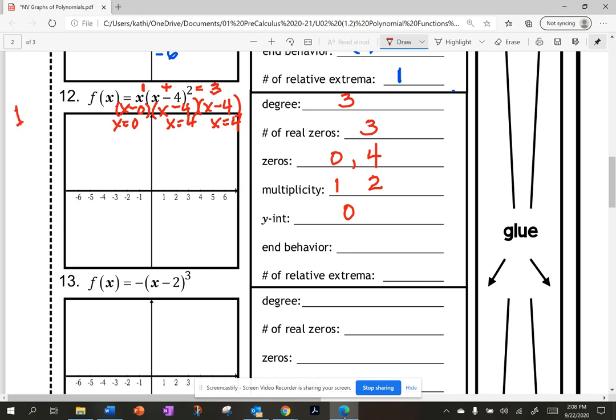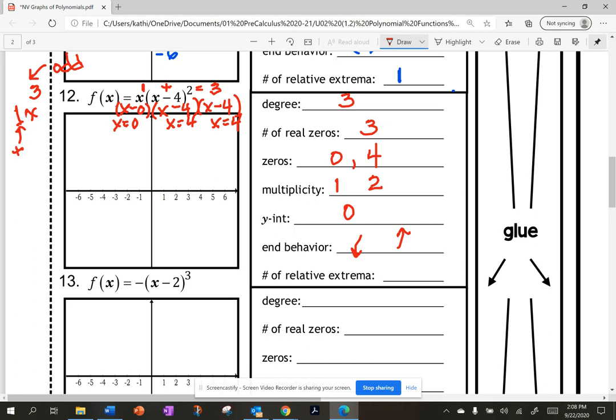So my leading term is 1x cubed. So I know my coefficient is positive and my power is odd. So I'm thinking about a linear equation. So I know I begin at negative infinity and I end at positive infinity.